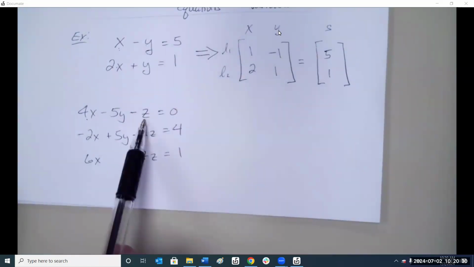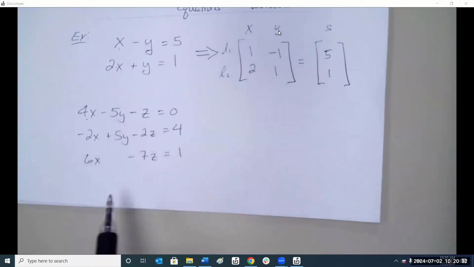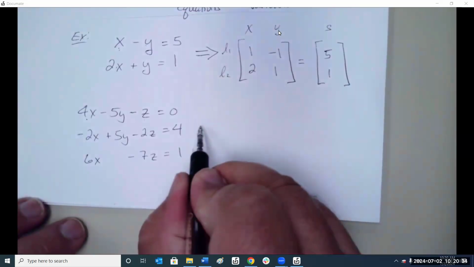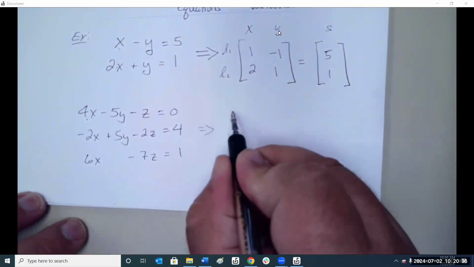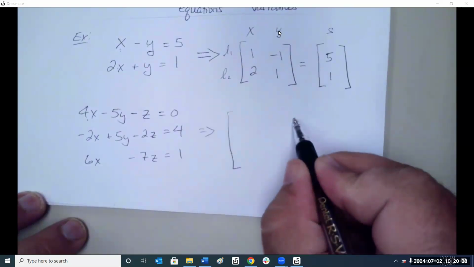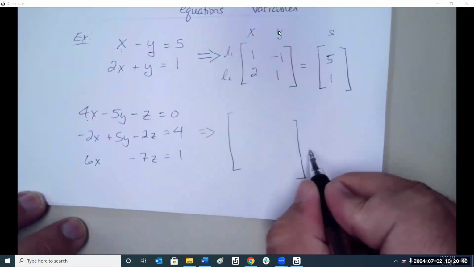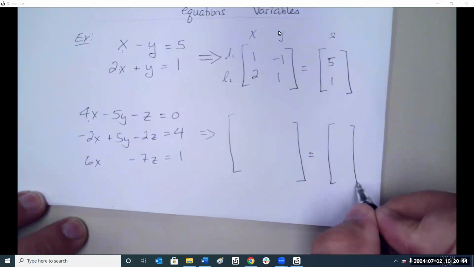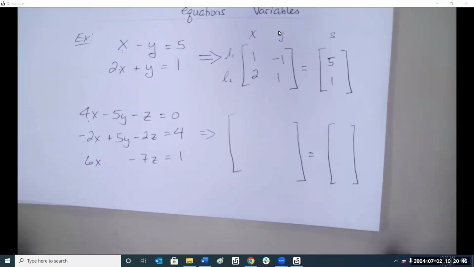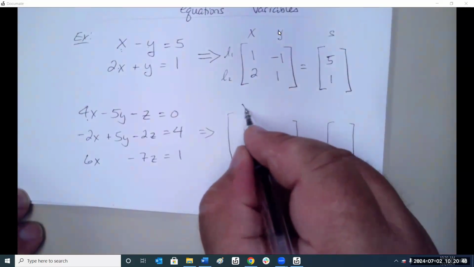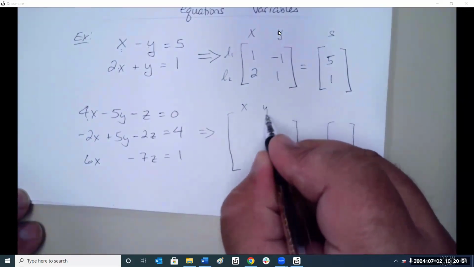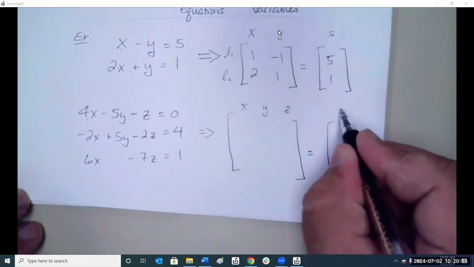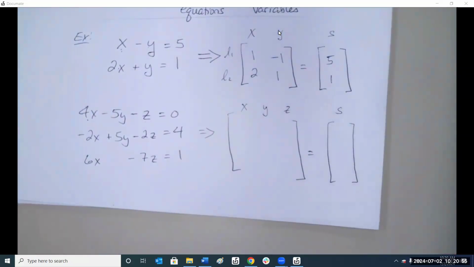This one has 3 variables, 3 equations, so it's 3 by 3. So we have the x variable coefficient, the y and the z, and the solutions.